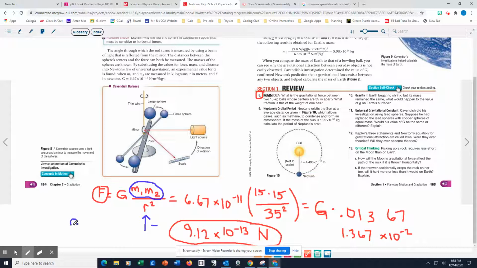So g would be increasing. In the case of number 10, if Earth began to shrink, but its mass remained the same, the value of g, the force of gravity on the Earth's surface, would increase because the radius is getting smaller. That's all. Bye-bye.